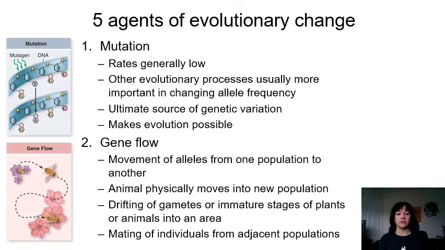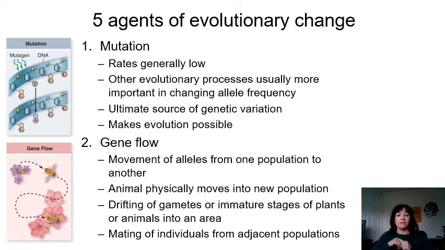So I'm going to go into these 5 agents in more detail, right? The first is mutation. Now mutation, again, is where the DNA sequence gets changed, and this is the ultimate source of genetic variation. So when we talked about having a gene for flower color that has 2 alleles, purple and white, how do those alleles even come to be?